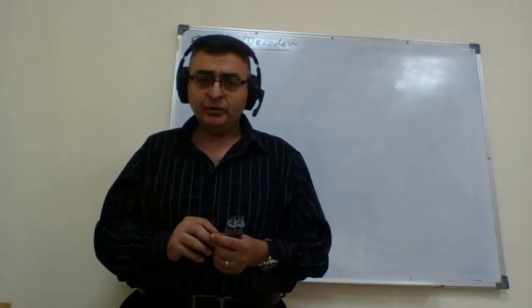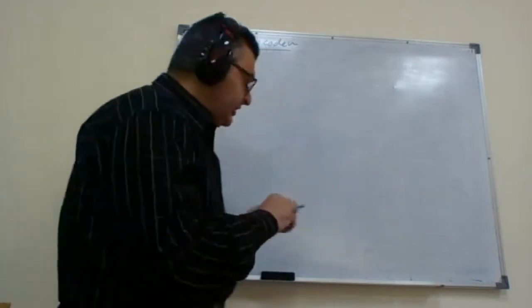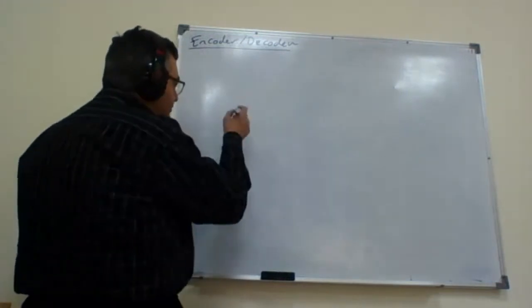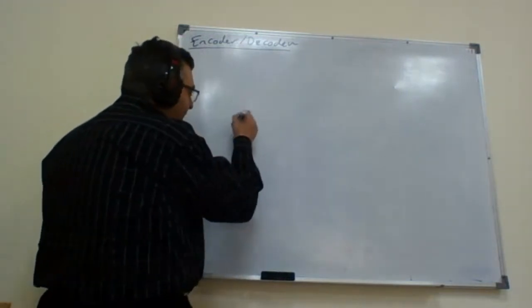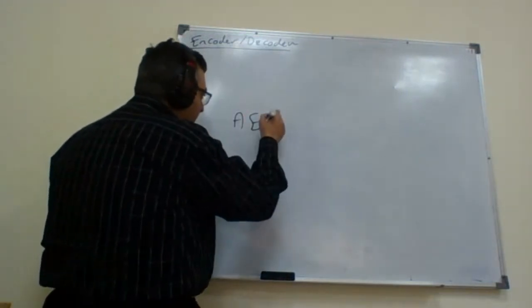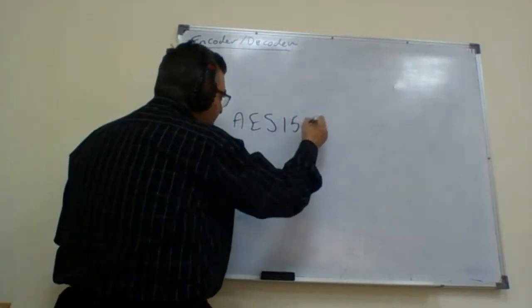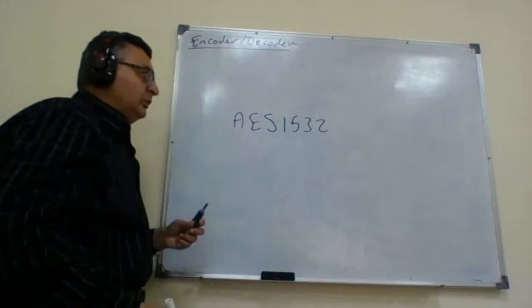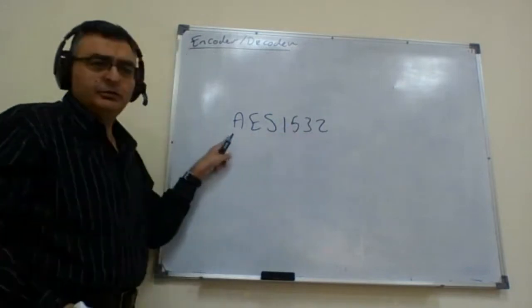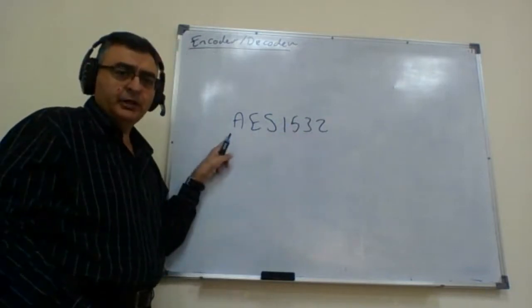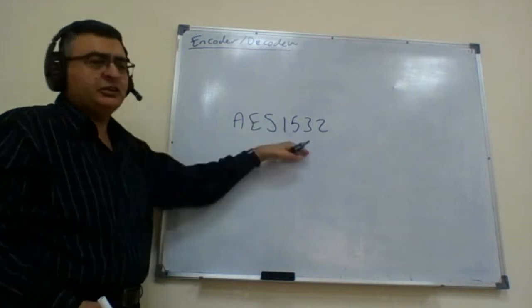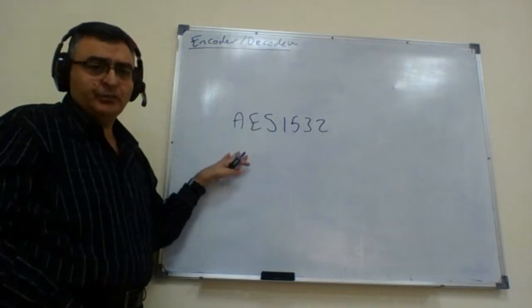So for instance, if your car is taking maybe AES 1532, this code is for your car, with whatever number of digits that you are using here.